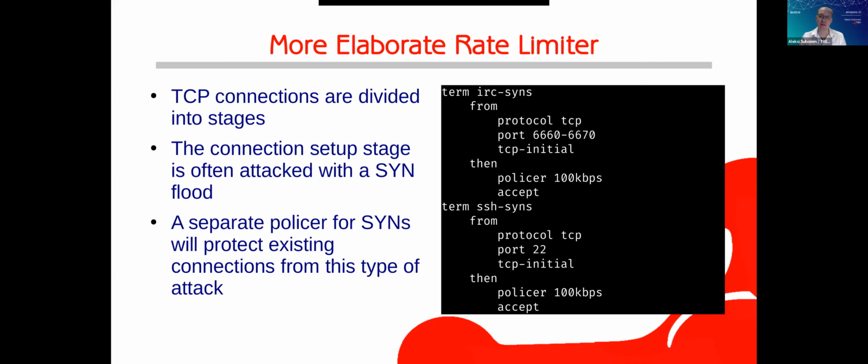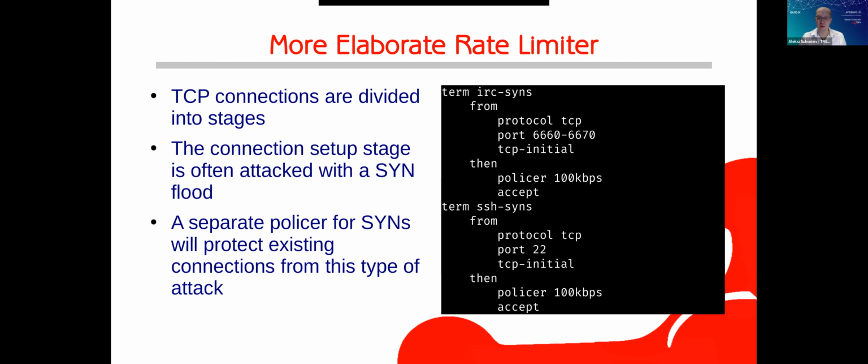So the next step was, because IRC is mostly TCP based, and most of the other protocols that probe the clients for malware are also TCP based, and TCP connections themselves are divided into stages, and the first stage, the connection setup stage, is often specifically attacked with a SYN flood.